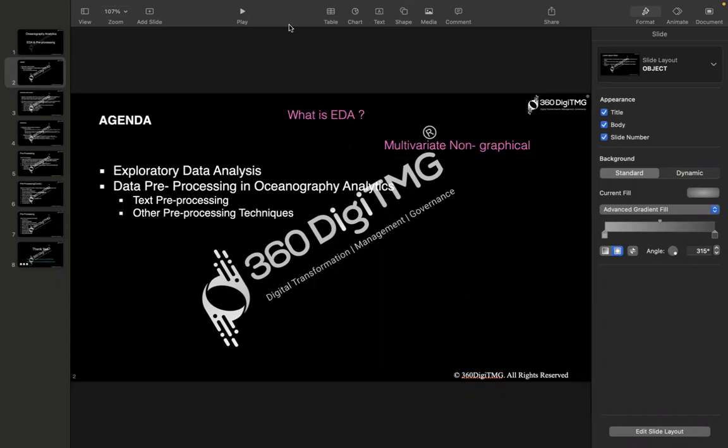Comparing the means is an off-the-shelf version of ANOVA, and comparing medians may be a robust version of one-way ANOVA. So this was about multivariate non-graphical.